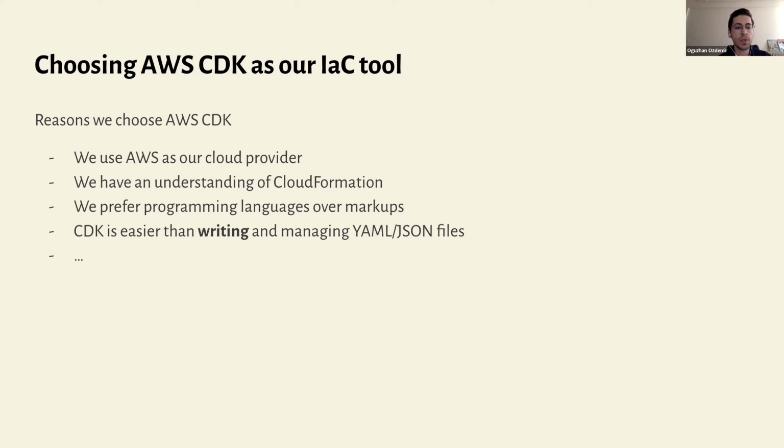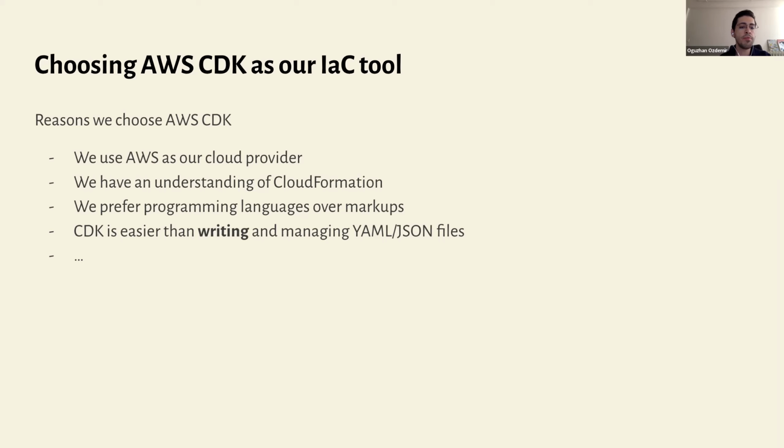So we are very close with the AWS people, and we know what's out there, and we have an understanding of CloudFormation. So since AWS CDK synthesizes into CloudFormation, we knew that if we encounter any issues, we can resolve them easily.